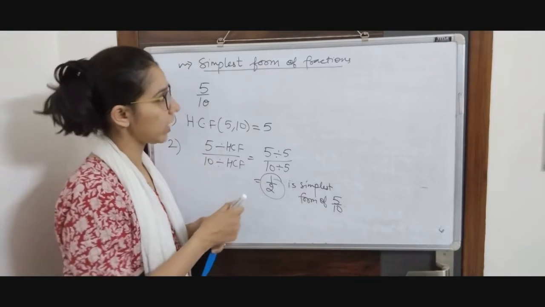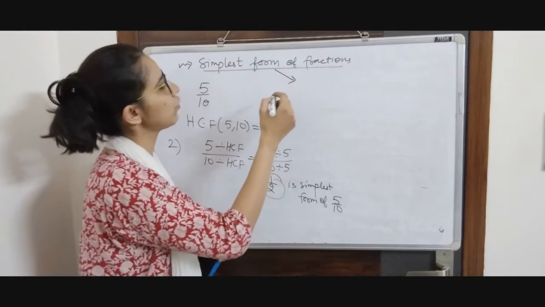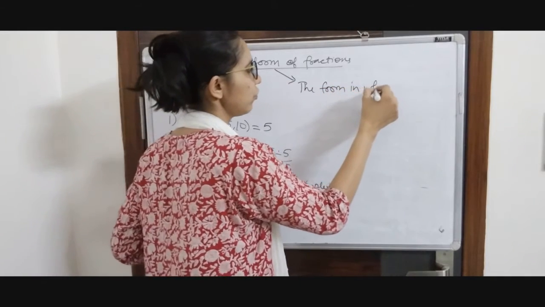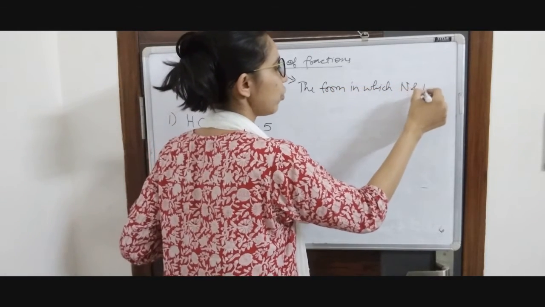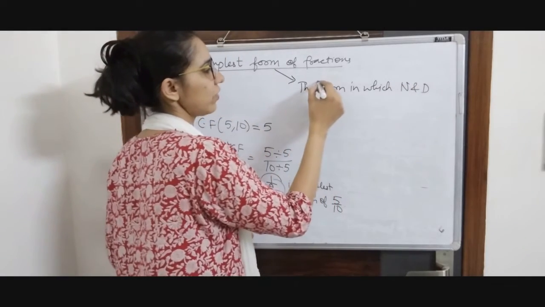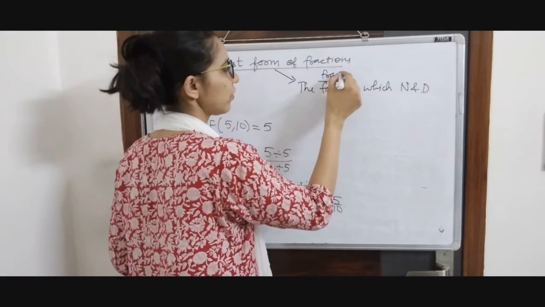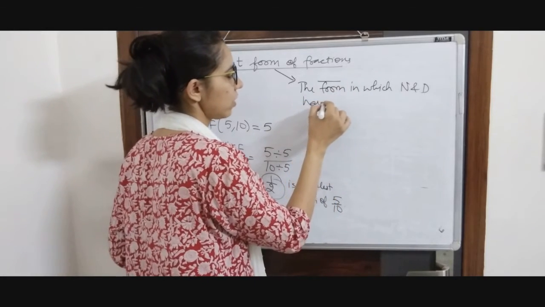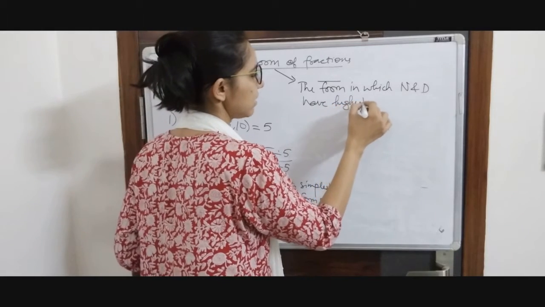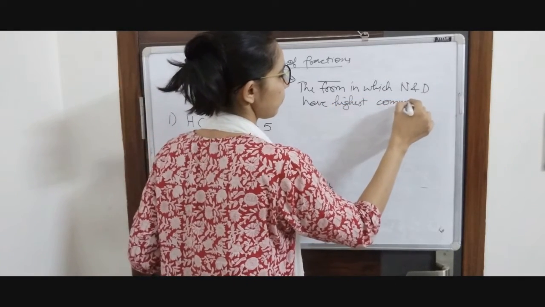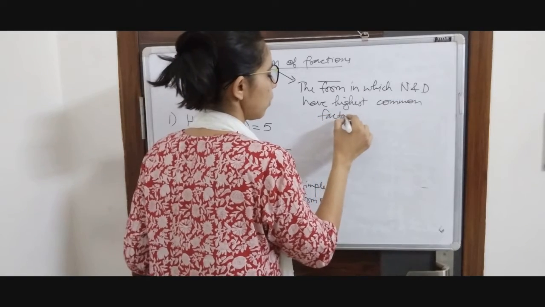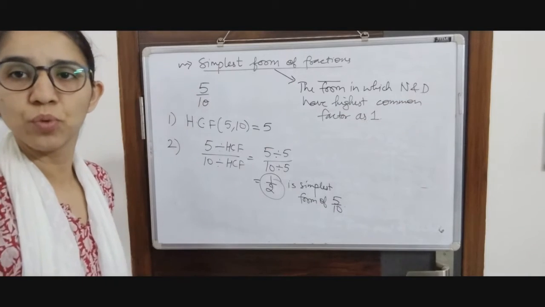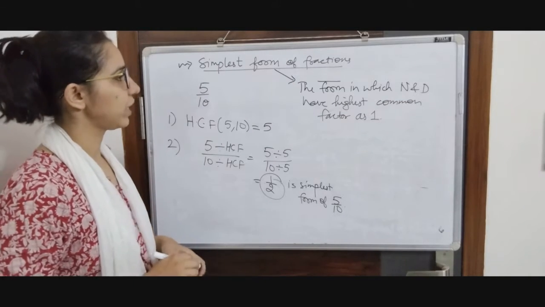So the simplest form of a fraction is the form in which the numerator and denominator have highest common factor as 1. And if it is something else, then we will divide both by that number to get the simplest form.